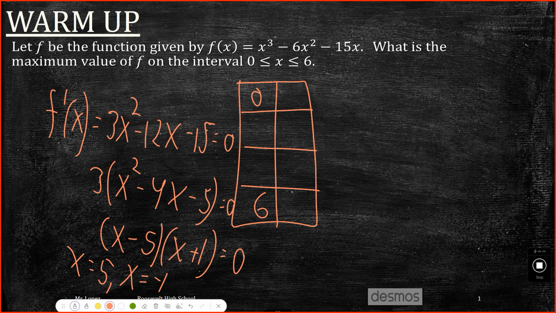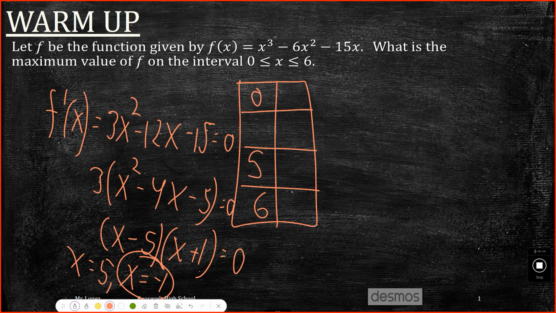Are we going to use both of these? Are we going to test both of them? We're not testing this one. Why not? It's not in the interval that we need. So we only need to test 0 and 5, all right? So 0, 5, and 6.